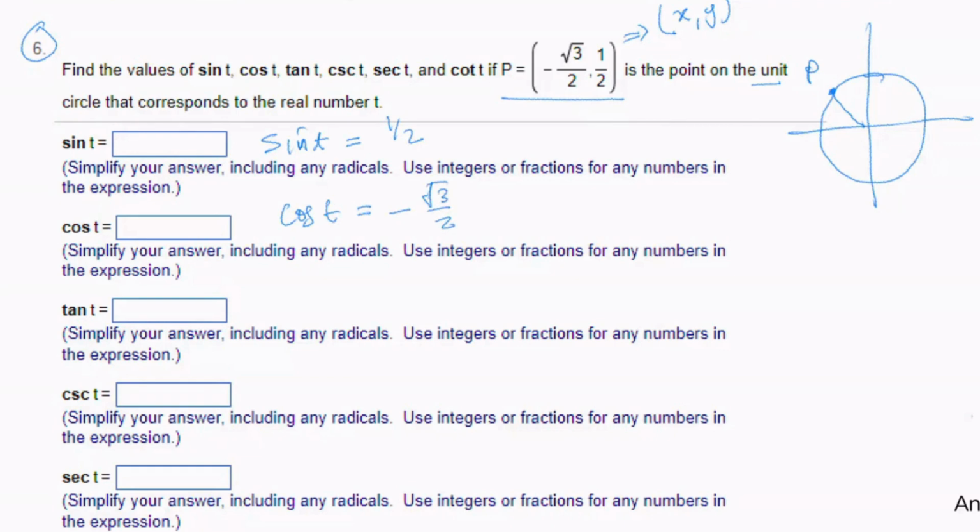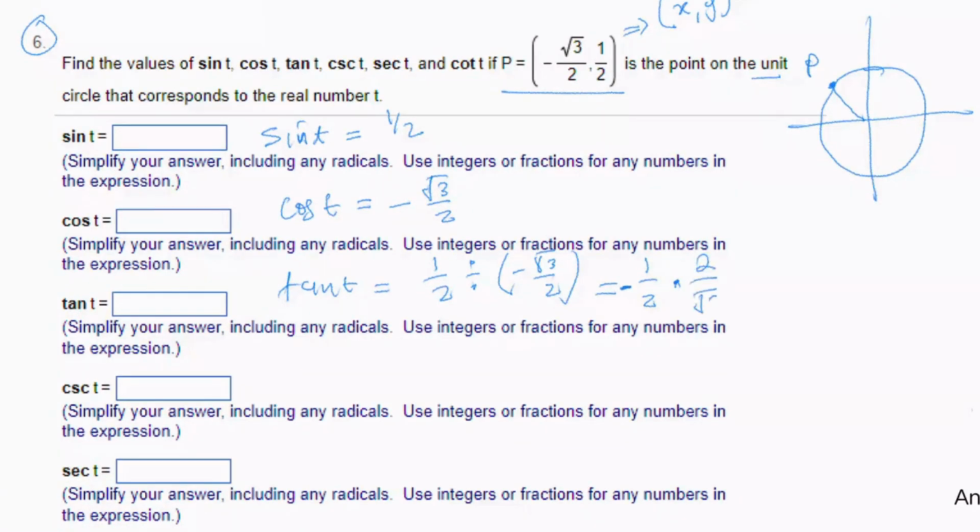Okay. And then tan t is just that ratio. So I take 1 over 2 and divide by, right? I divide by negative root 3 over 2. This is just 1 over 2 multiplied by negative 2 over root 3.